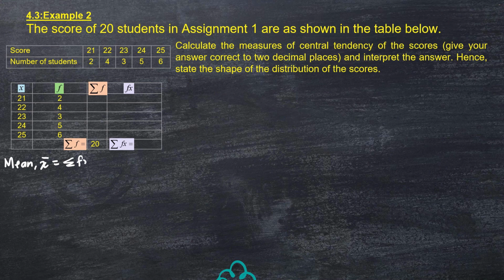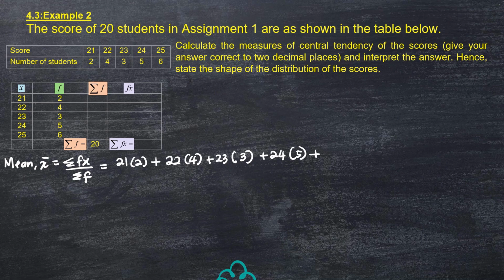The mean is summation fx divided by summation f. For summation fx, you need to multiply the pair of the data, our x and its frequency. So 23 is our x, its frequency is 3, 24 with 5 as its frequency, and 25 with 6 as its frequency. We divide all these by our summation f, which we can calculate from the question, and it's also given as 20 students.